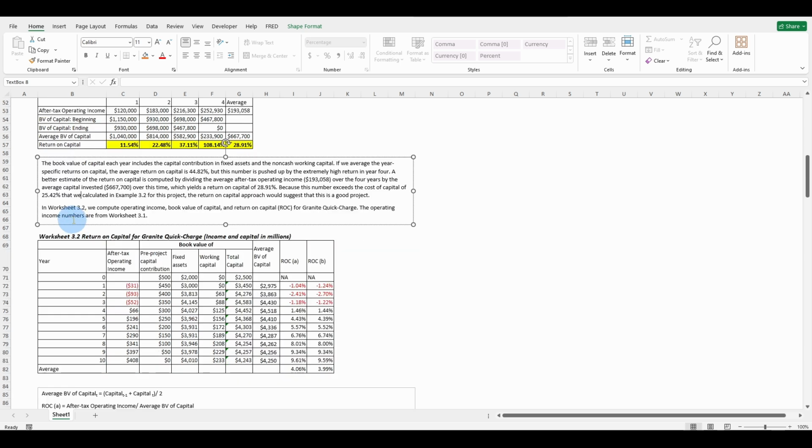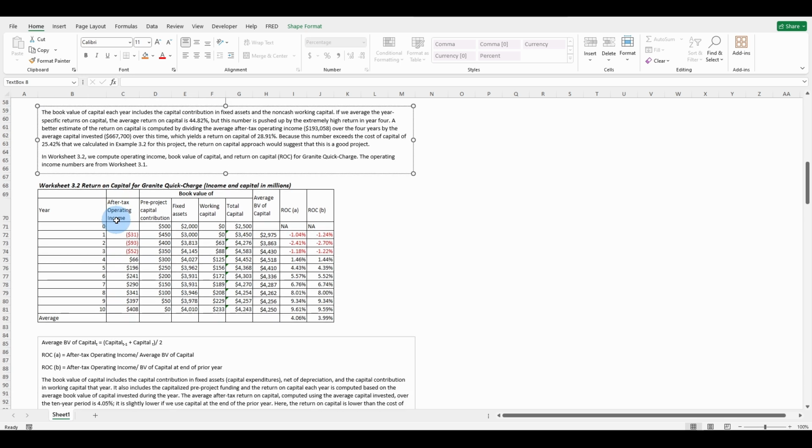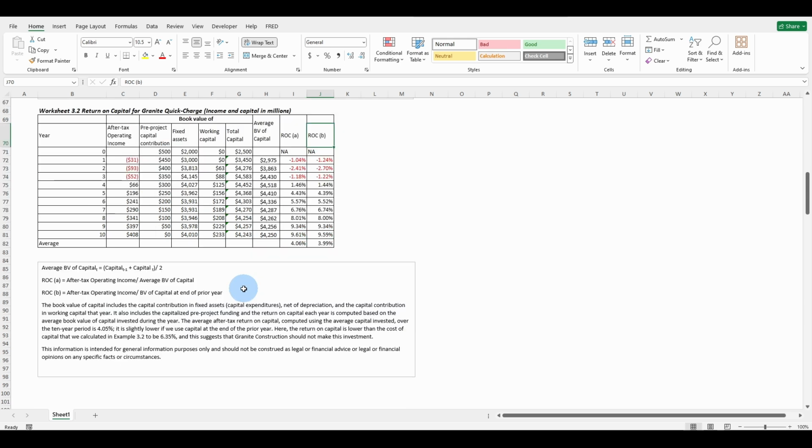In worksheet 3.2, we compute operating income, book value of capital, and return on capital for Granite Quick Charge. The operating income numbers were from worksheet 3.1. So here's our after-tax operating income. We have pre-project capital contributions, fixed assets, working capital, total capital, book value of capital, return on capital A, and then return on capital B. And I'll explain both.